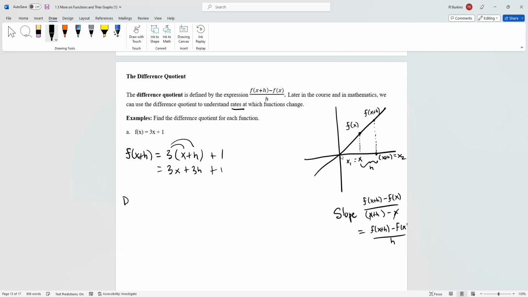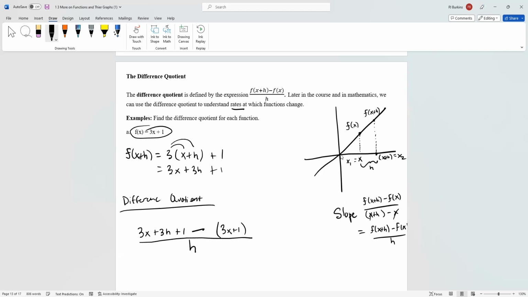Now for the difference quotient, I need to do f of x plus h. That's 3x plus 3h plus 1, minus the whole original function, so that's 3x plus 1, all divided by h.